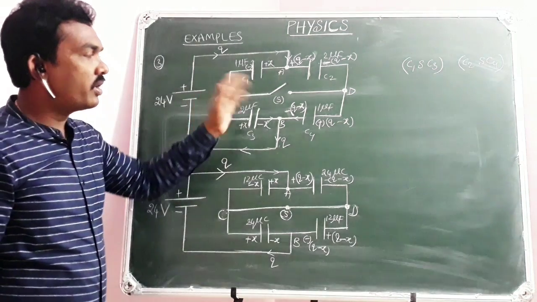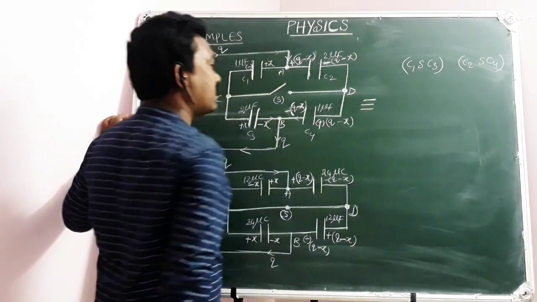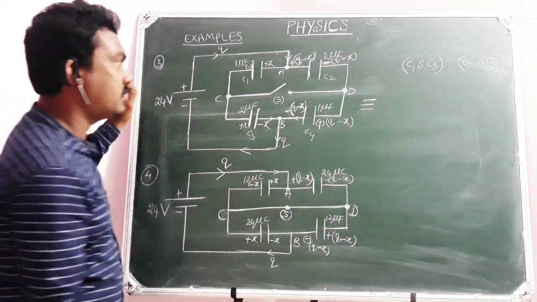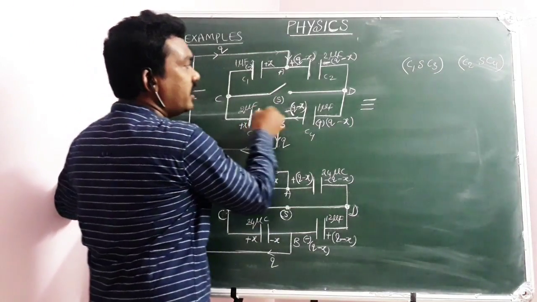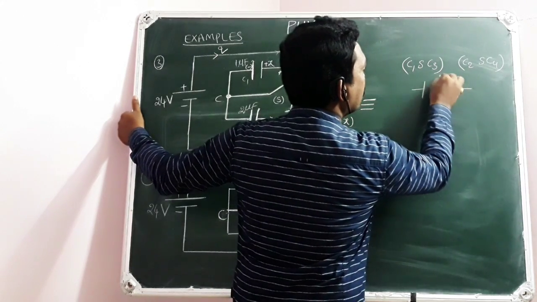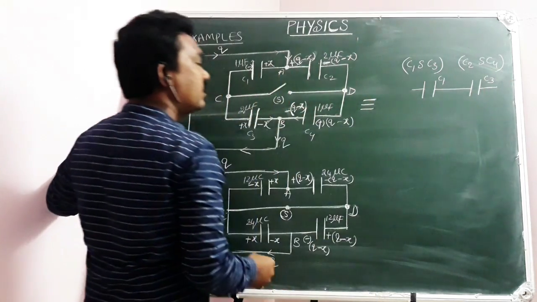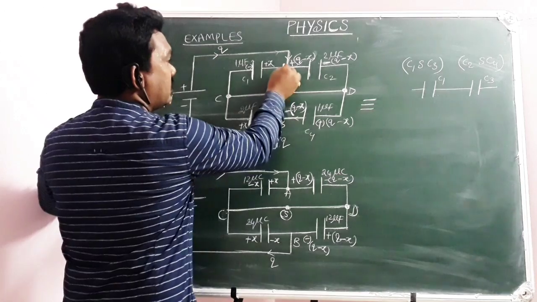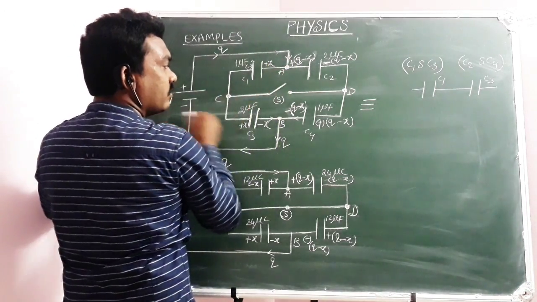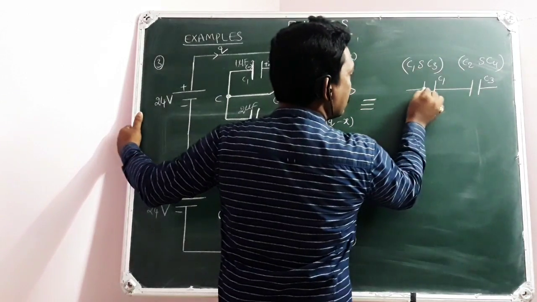Let me rewrite this one and take the equivalent circuit. C1, C3 are in series because they are carrying equal charges. How are they connected? C1, one end is connected to A, the other to C. And C3 is across DC.